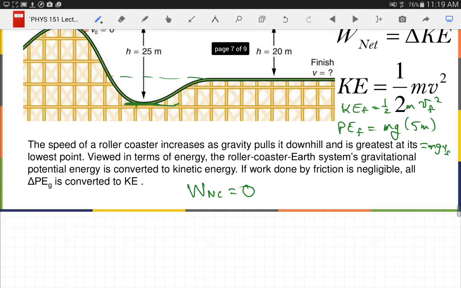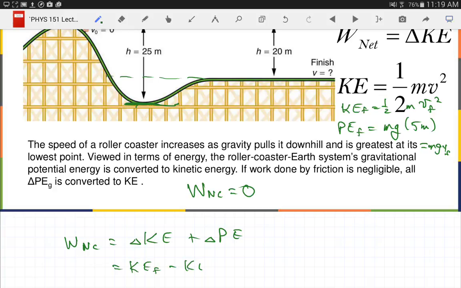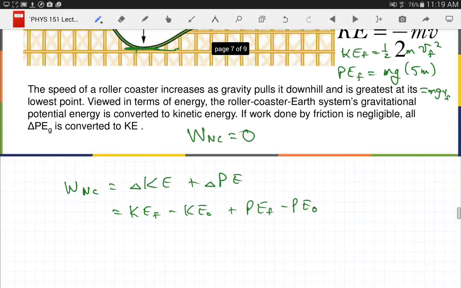Final step, put them into our equation. So I have work non-conservative is equal to change in kinetic energy plus change in potential energy. That's equal to kinetic energy final minus kinetic energy initial plus potential energy final minus potential energy initial.